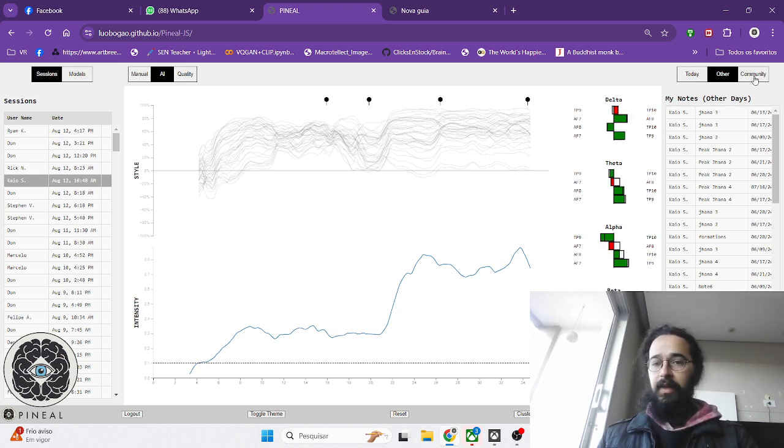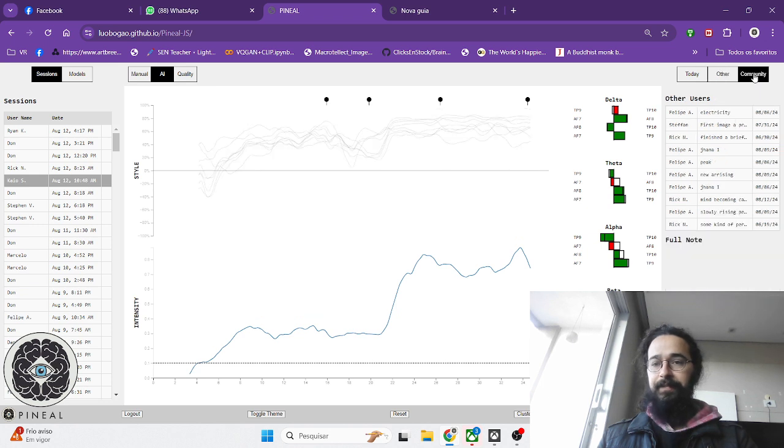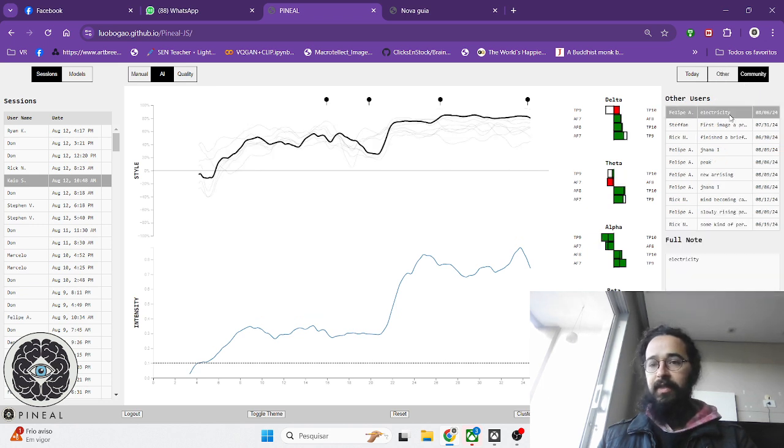But we can come here to the community, and I can take, for example, Felipe Anjos, a good friend of mine here in Brazil. And Felipe, in this session of his, notes this specific state called electricity. Maybe he feels electricity in his session.